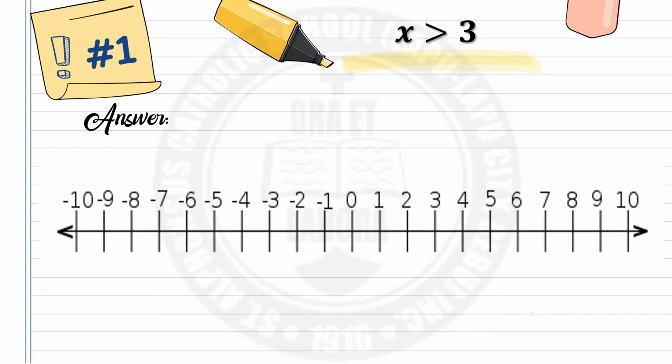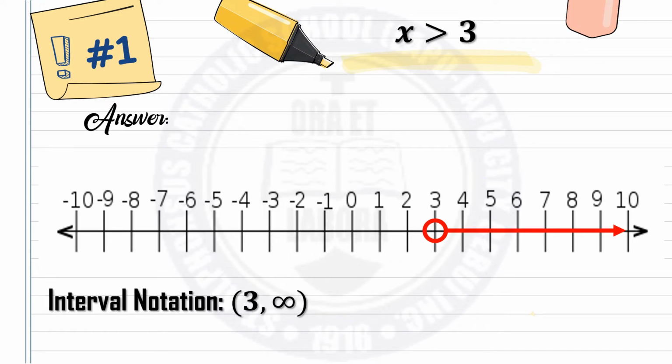Next, since we are using the inequality symbol greater than, we are going to use a hollow dot, and we will place the hollow dot on 3. Next, since it's going to the positive infinity, we draw an arrow that goes beyond. So in writing this interval notation, our solution is from 3 to positive infinity.